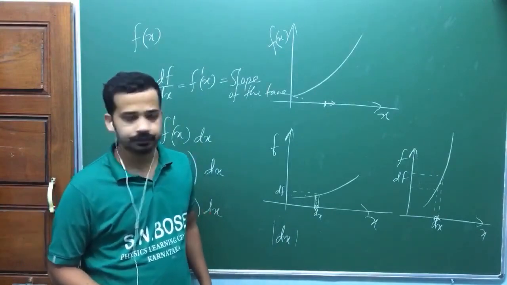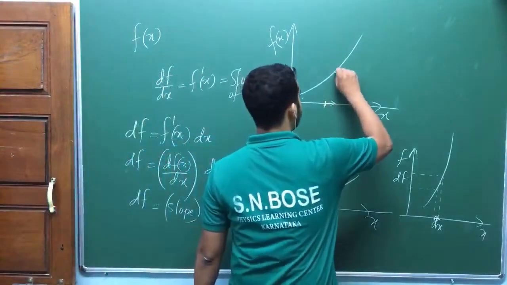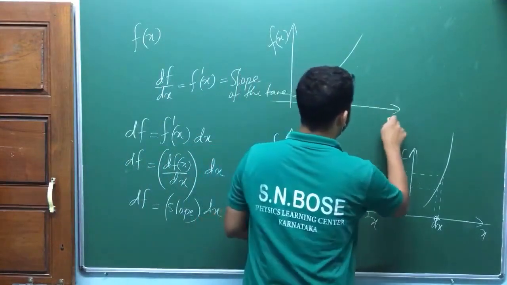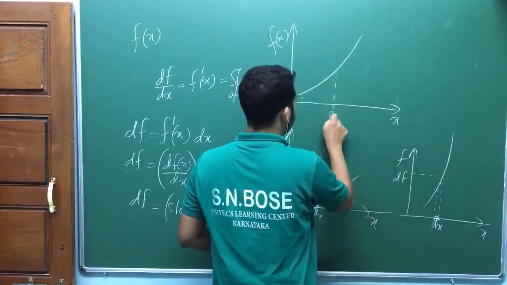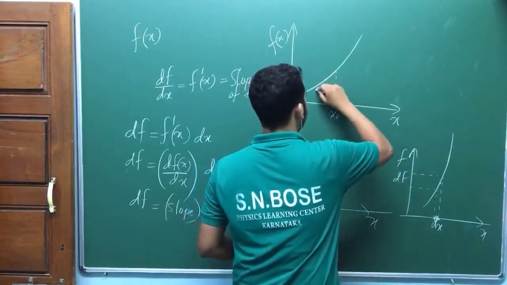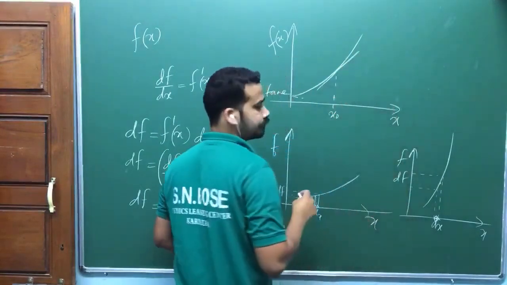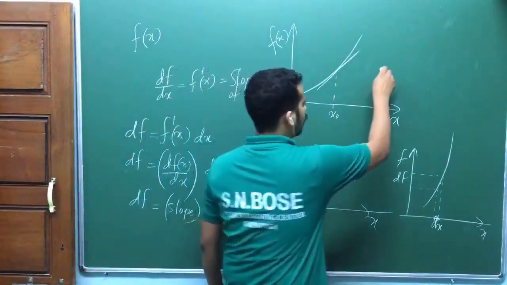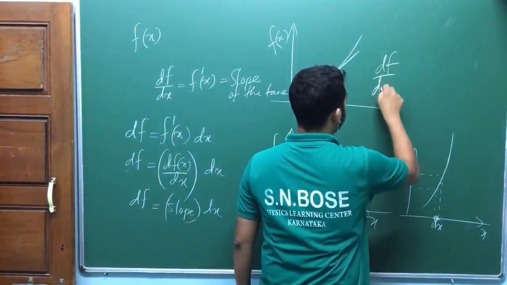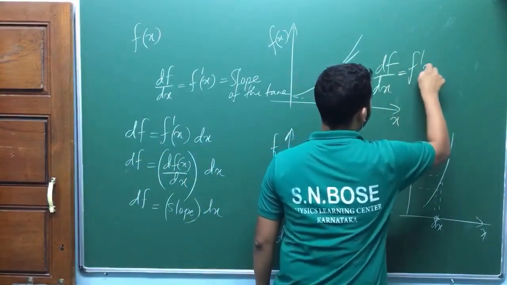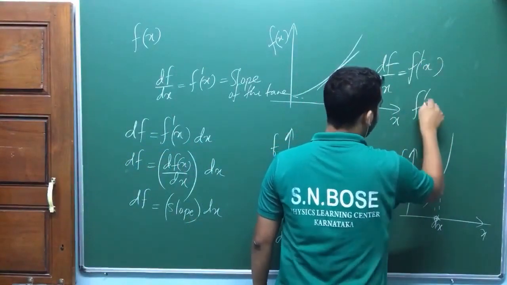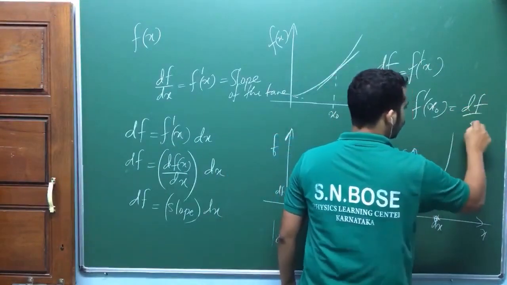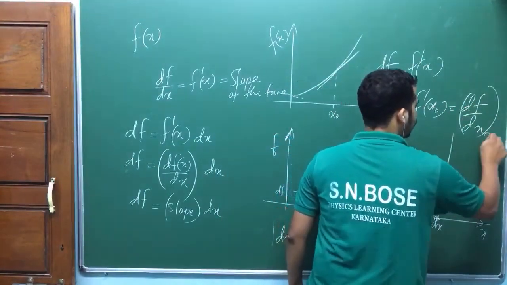If I take some point x naught here, you are going to take the derivative at x naught, the slope of the tangent at that point, am I right? You can take df by dx, we write it as f dash of x. You can have f dash of x naught, or df by dx at x naught, am I right?